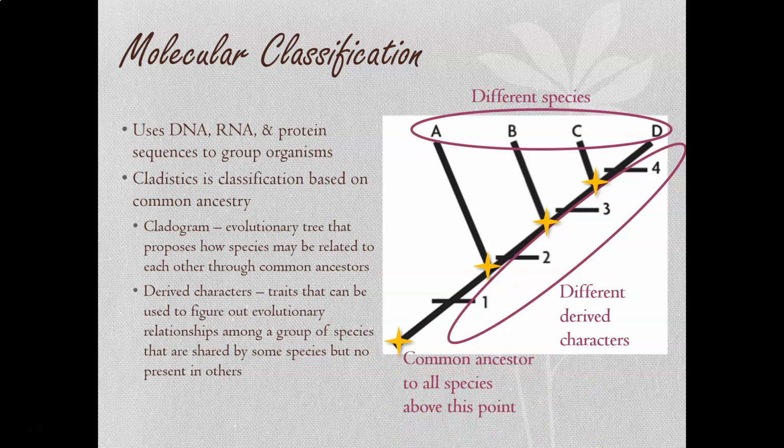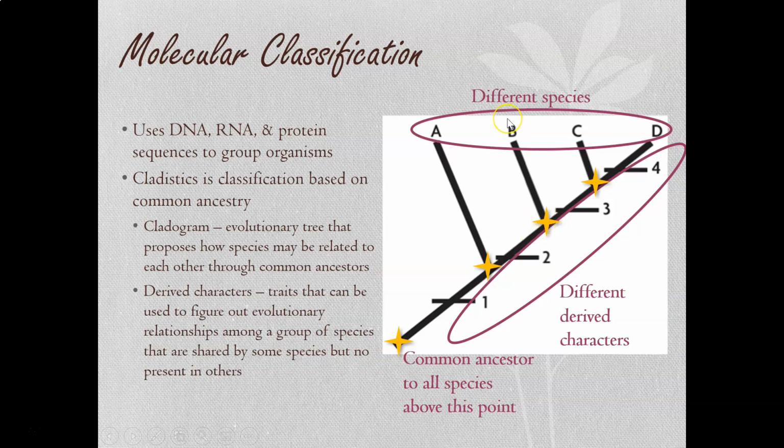And so what we do is we create these branches. So each of those branches breaks off when that species no longer has that trait in common with everybody above it. And so when we look at the branching points, those are the common ancestors. So we would say that when we look at this lineage, right, lineage line, evolutionary history, this is the common ancestry where A diverged from the rest of them.